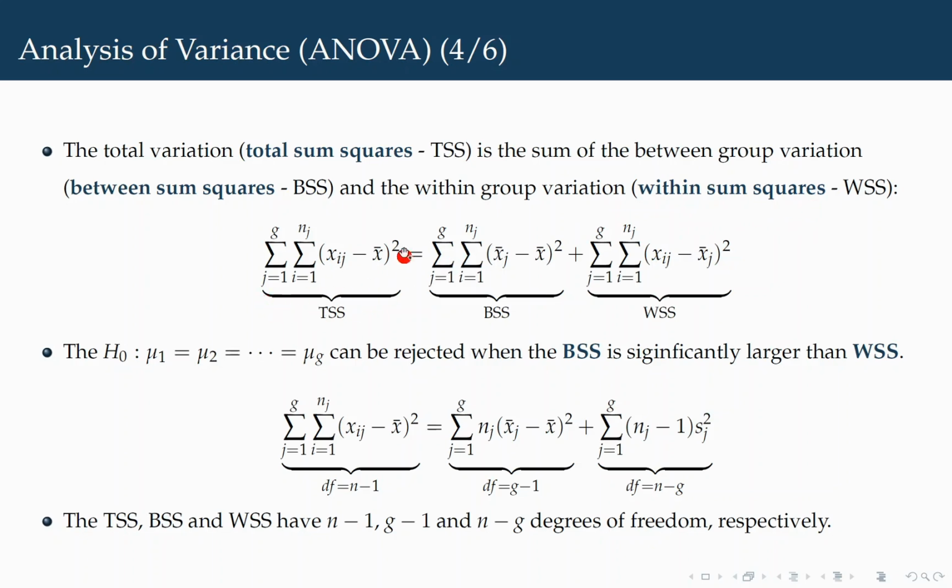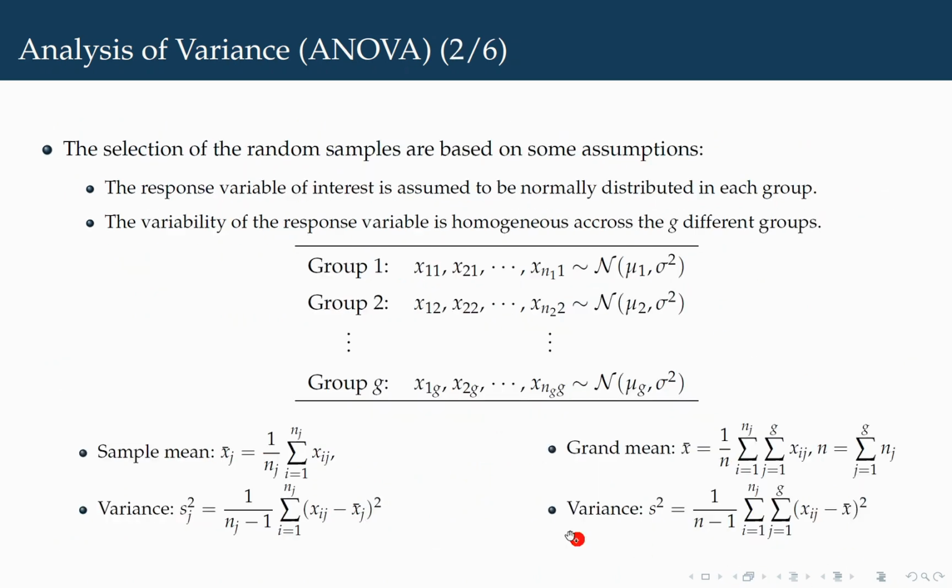So the total variation is nothing but this, the double summation of xij minus x bar the whole square. This is the overall variance or the grand variance of all the observations in all the groups. So this is the variance. The variation is nothing but this component alone, which is s squared times n minus 1.